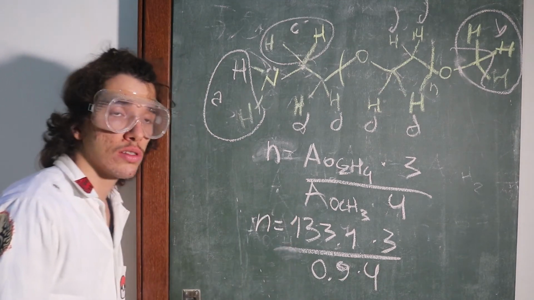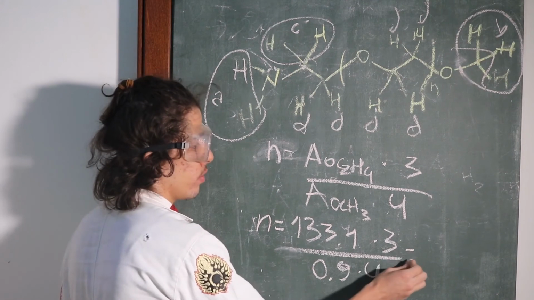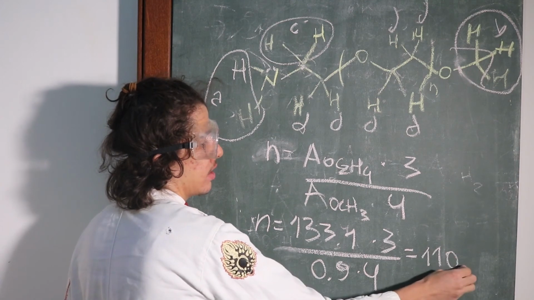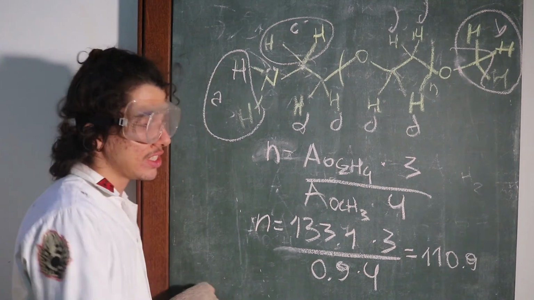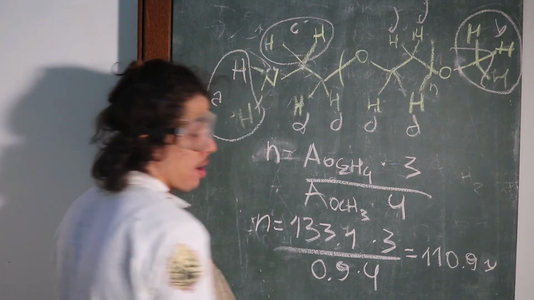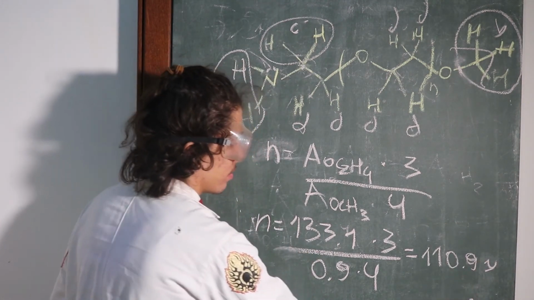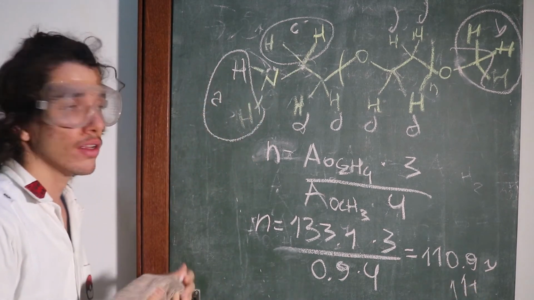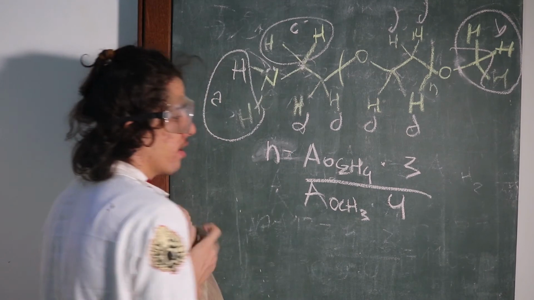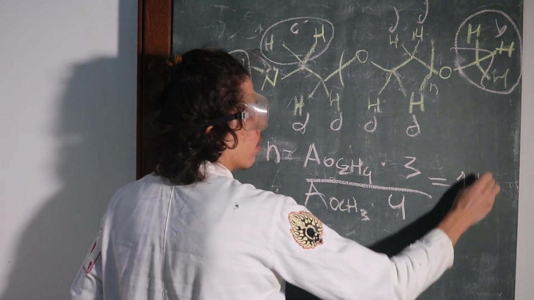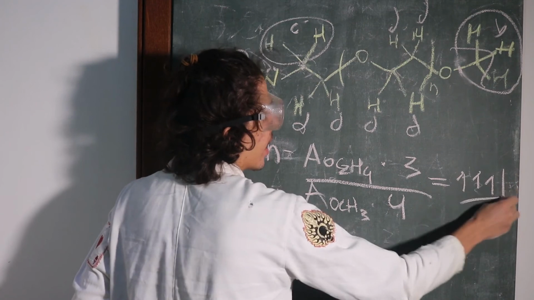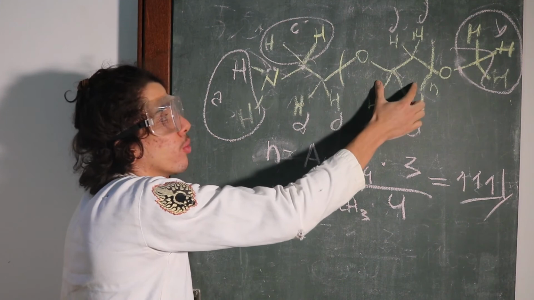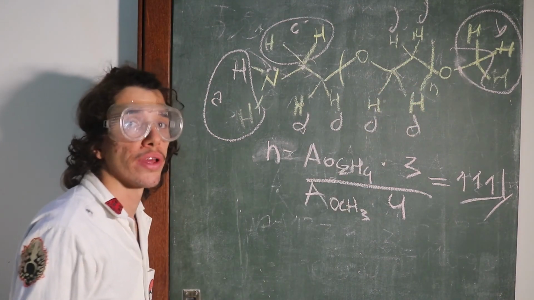If you do these little calculations, you get the answer of 110.9, which is approximately 111. Okay, so n is equal to 111. So there are 111 little boys on this polymer boy.